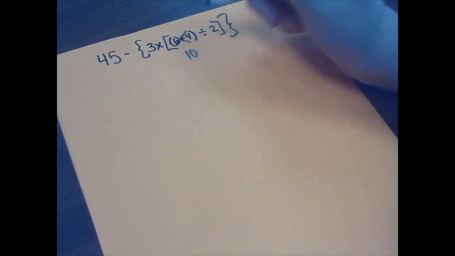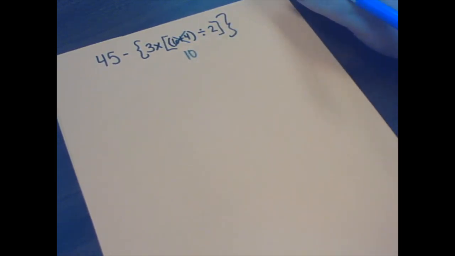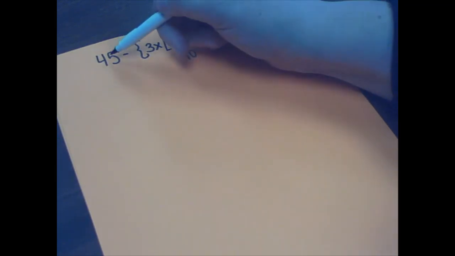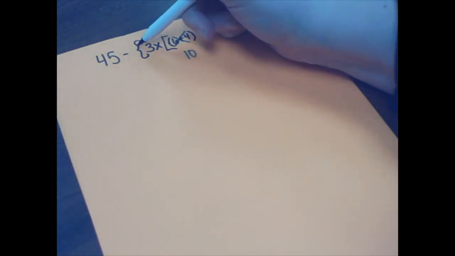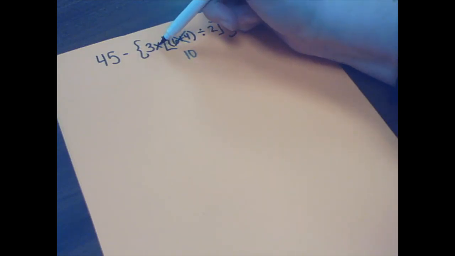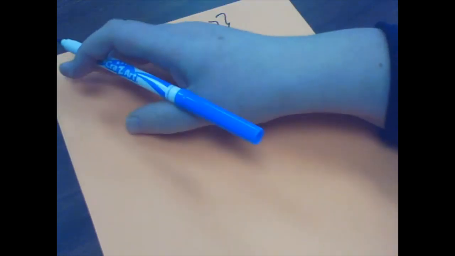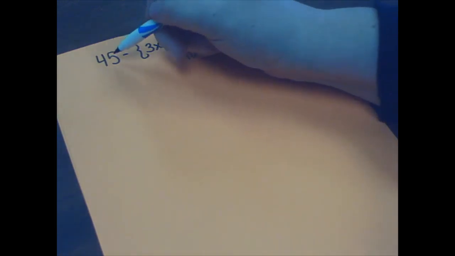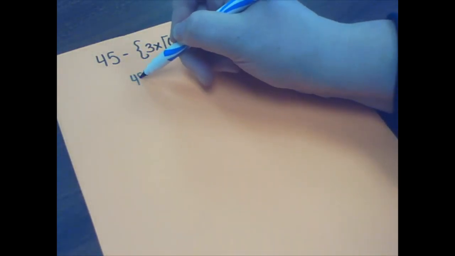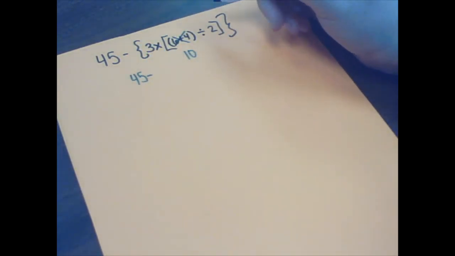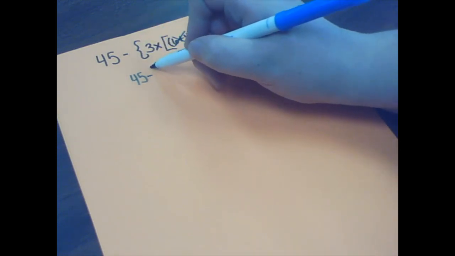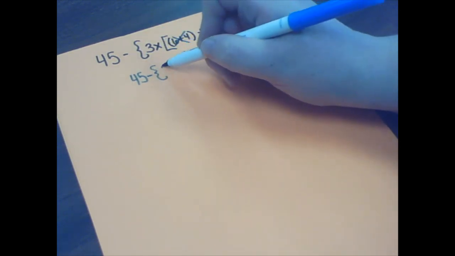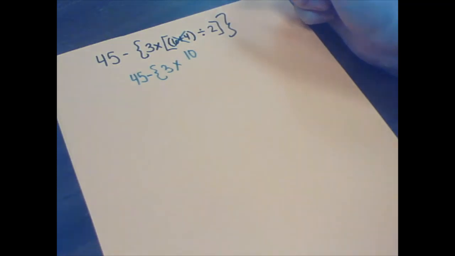So I'm going to drop that down. Now, it's really important, I can't stress it enough, that you make sure that every symbol, every sign, every number comes down in place. So I'm going to drop the 45 down and the subtraction sign. I'm going to drop the brace down and the 3 times.